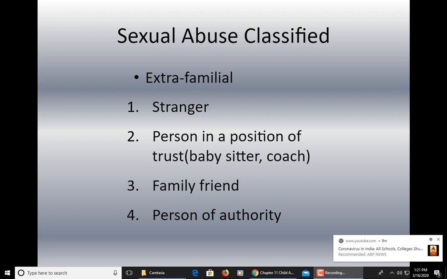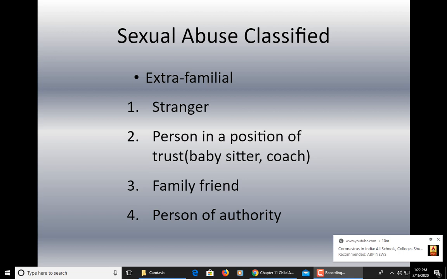Sexual abuse is classified into two main categories. It can be extrafamilial and familial. Extrafamilial, just like the category: stranger, person of authority, coaches, babysitters, things like that, family friend. The people who abuse children, it's almost a 50-50 split.